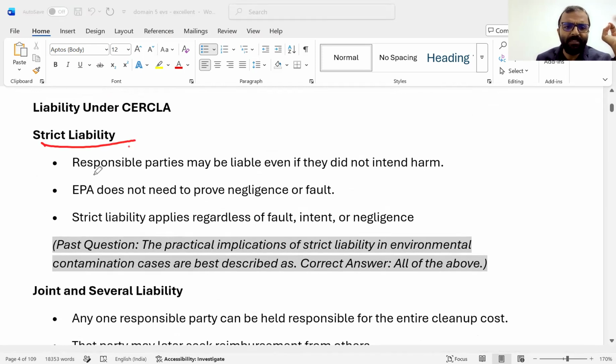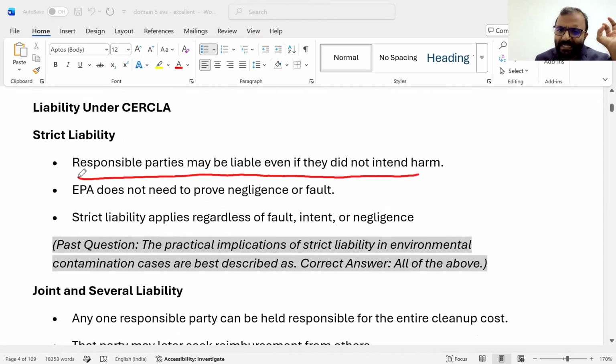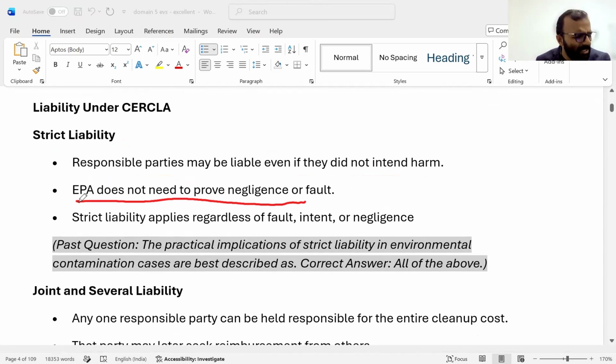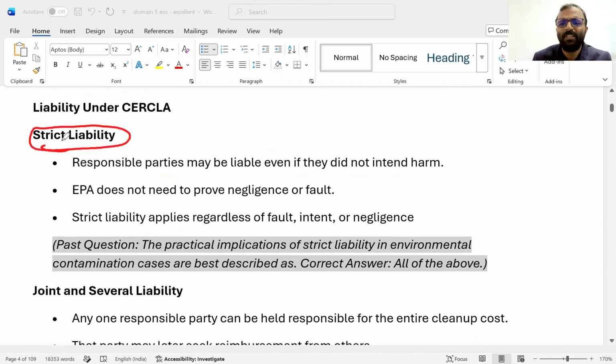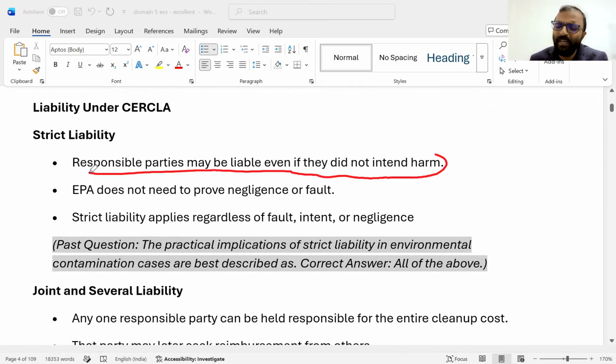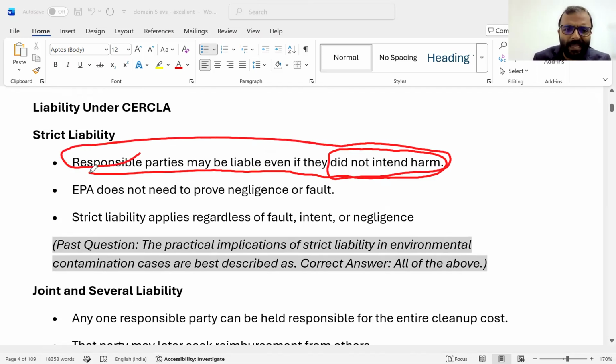Strict liability means responsible parties may be liable even if they did not intend harm. EPA does not need to prove negligence or fault. It applies regardless of fault, intent, or negligence. Even if they did not do it deliberately, they will be liable.